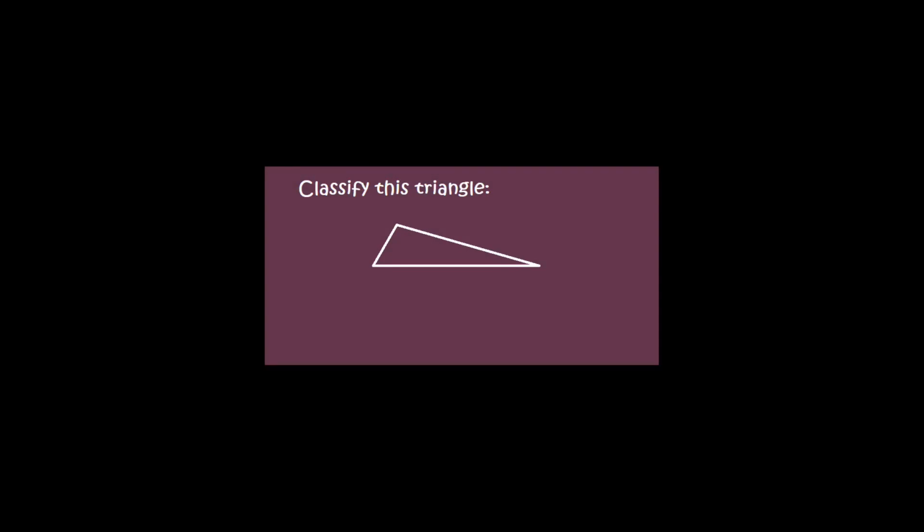Let's classify this triangle together. It will have 2 names, one for the angles and one for the sides. So first, look closely at the angles. What do you notice? Acute, obtuse, right? Take a moment to look at them closely. Now look at the side lengths. Are they all the same, or 2 are equal, or they're all different?